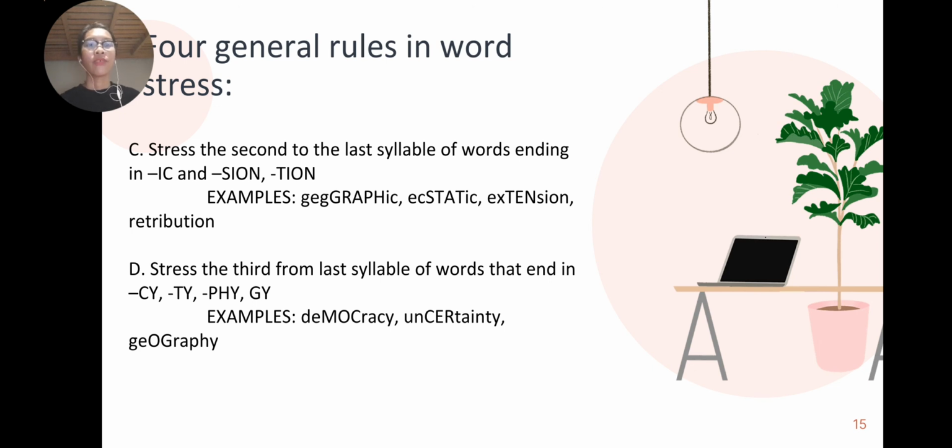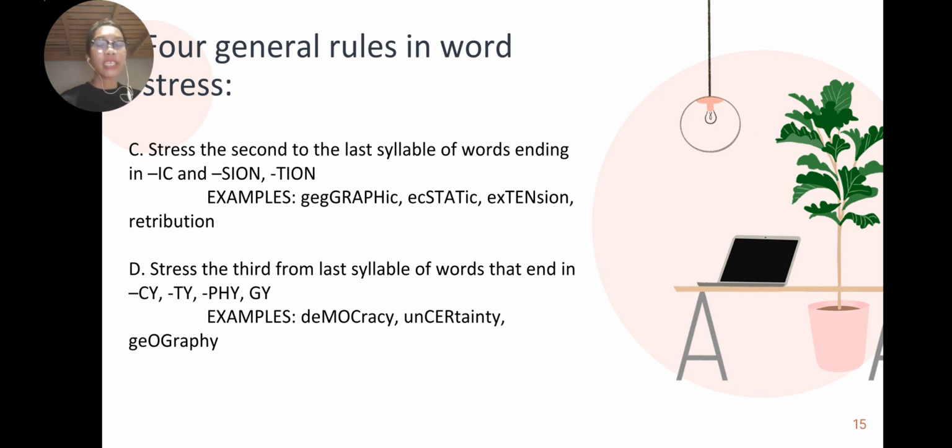Examples, we have geographic, ecstatic, extension, retribution. Okay, I'm sorry, it's a typographical error. It's retribution. So again, we have to remember the words ending in IC, SION, and TION. We have to stress the second to the last syllable of the word.